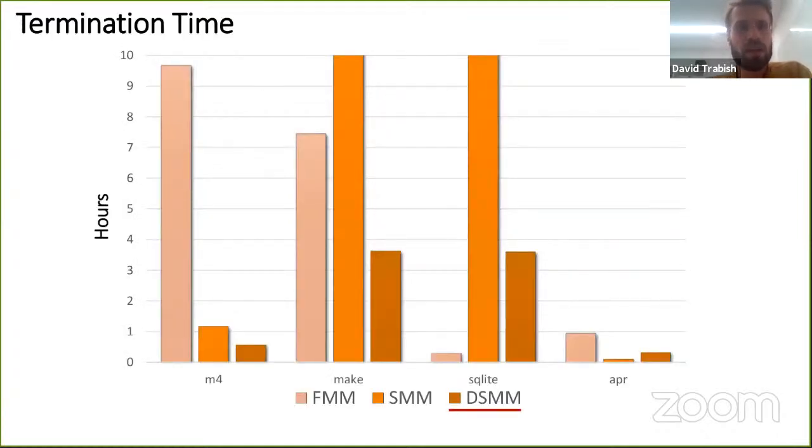In terms of termination time, our approach DSMM got the best results in M4, Make and SQLite. In APR, the best results were obtained for SMM, the original segmented model. And the forked model, which is baseline KLEE, obtained the best results in SQLite.